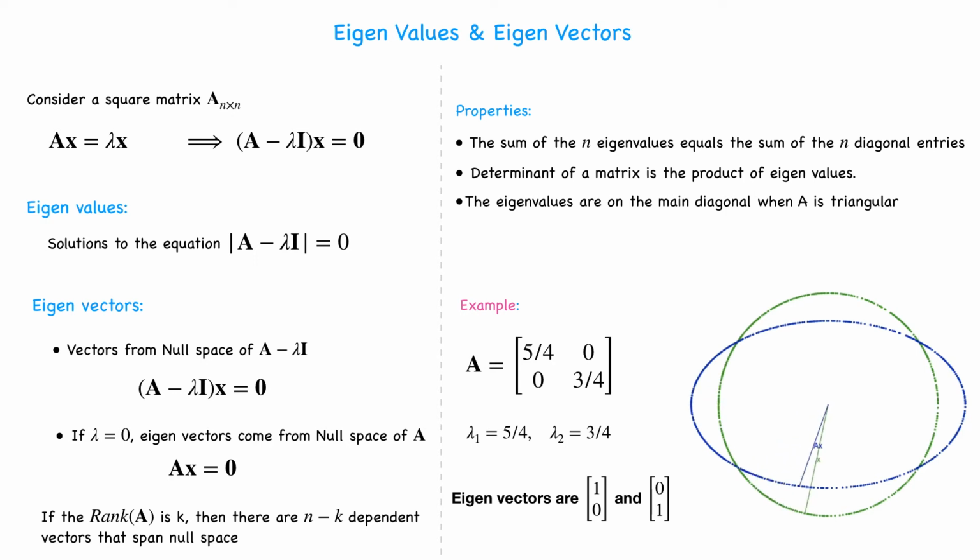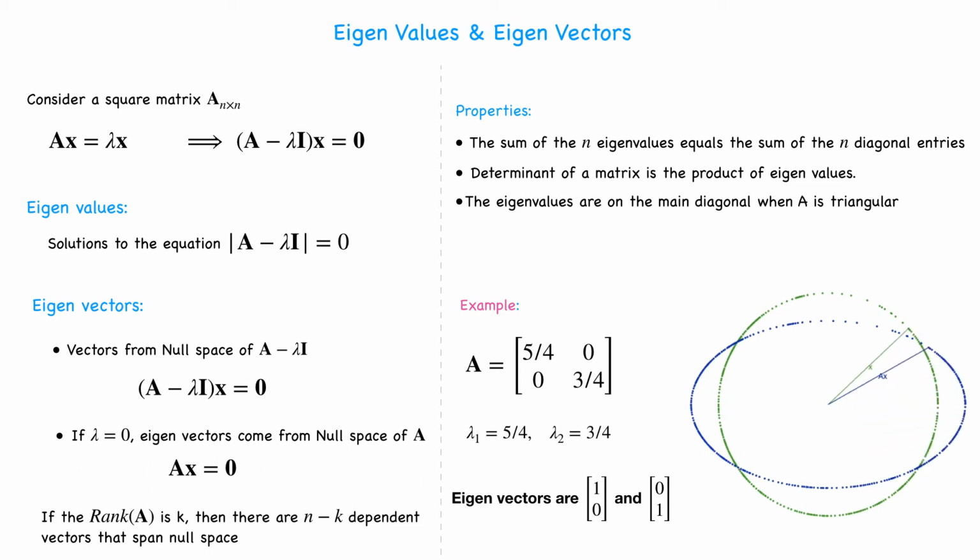This matrix A has eigenvalues 5/4 and 3/4, and since they are unequal in weight, it expands the vectors in one particular direction. The eigenvector for λ1 = 5/4 is [1 0], so it is expanding more in the direction of [1 0], and it is shrinking in the other direction.